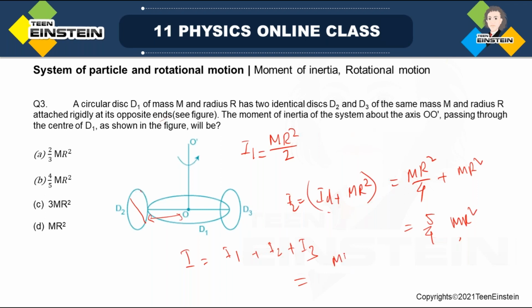So I1 we know is mr square by 2, and each of the others has 5 by 4 mr square.